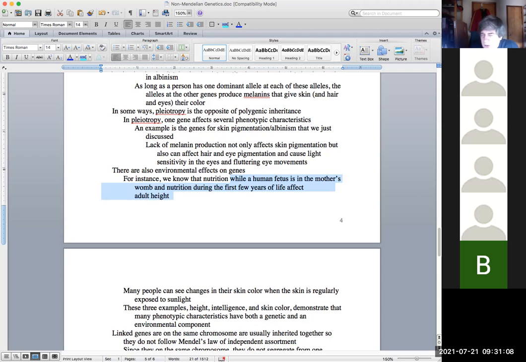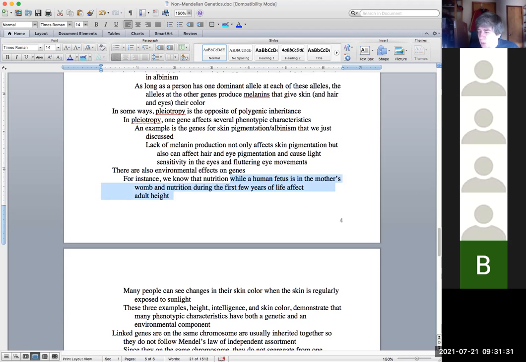If you're malnourished while you're in the mother's womb, especially if you don't get enough protein, and if you don't get enough protein the first few years after you're born, you'll never reach your genetic potential for your adult height. Because remember, proteins are used by the cells to do everything, and they're used to build a lot of parts of the cell.